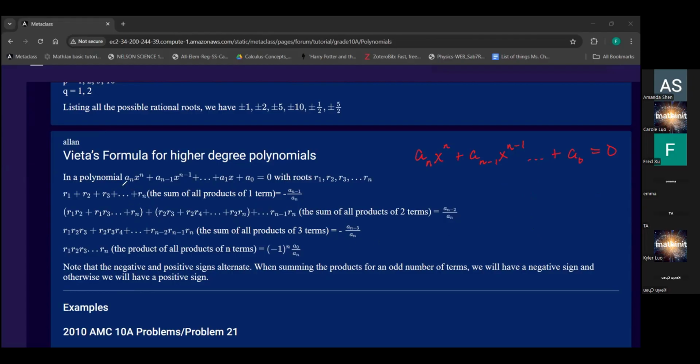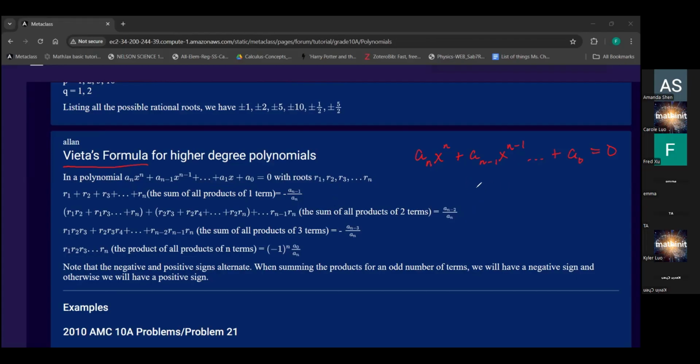Okay, so the polynomial must equal 0 for Vieta's formula to actually work. Okay, and we assume that there are roots R1, R2, R3, all the way until Rn.